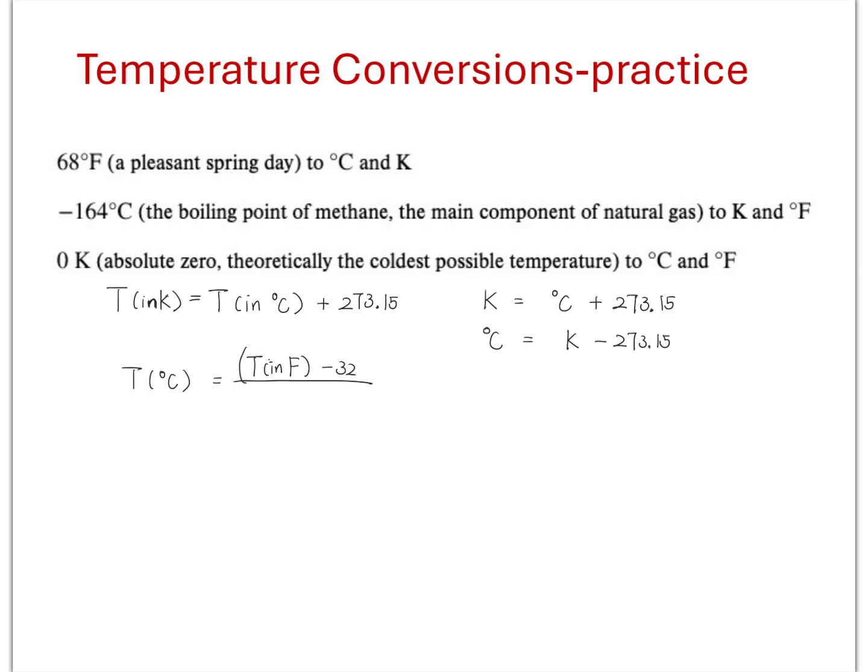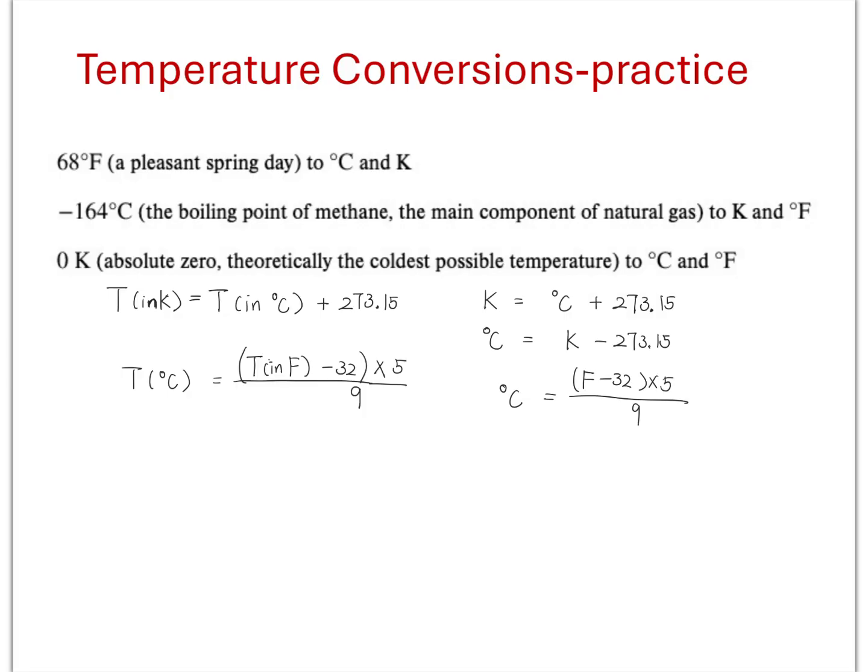Okay, this is minus 32. And then you use this number times 5 divided by 9. So let's write it a little simpler: Fahrenheit temperature minus 32, times 5 divided by 9. That will give you the Celsius degree.